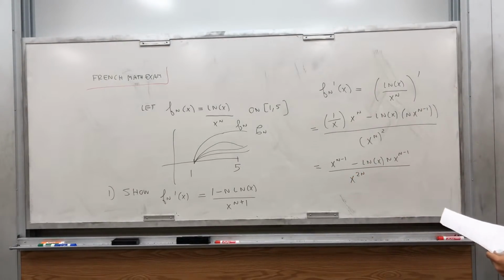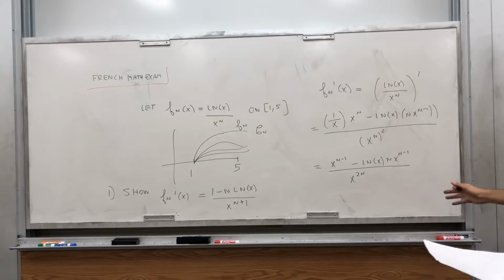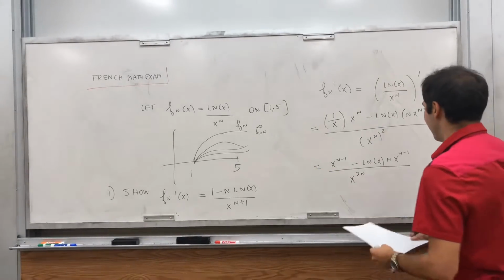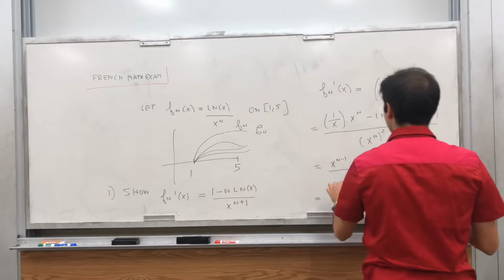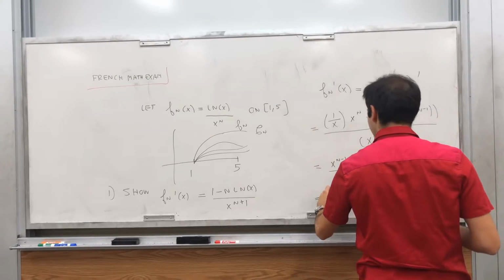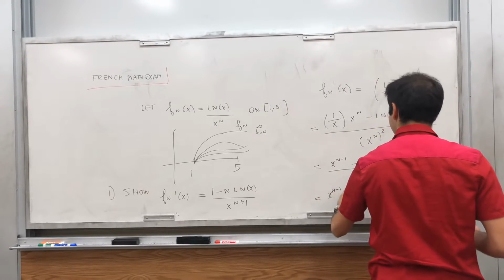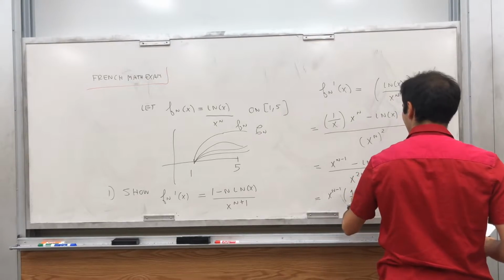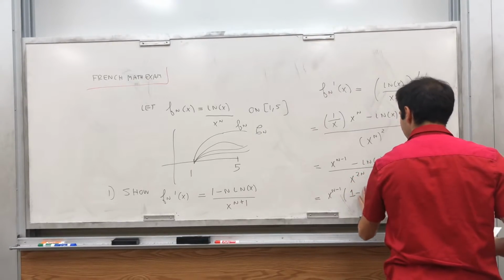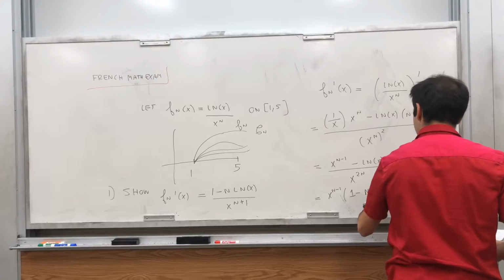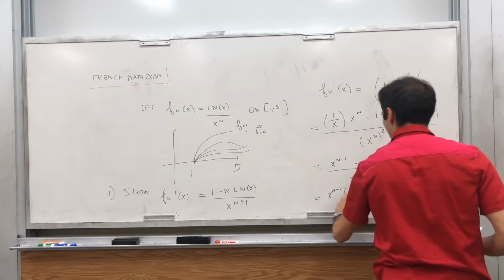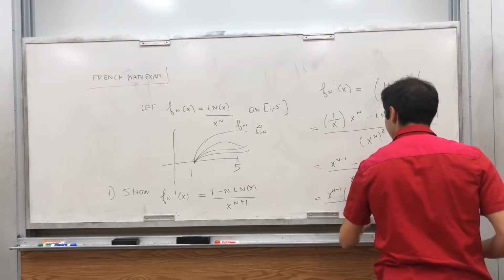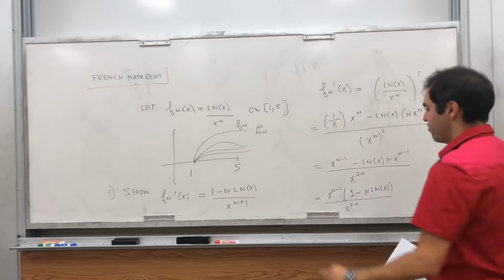The whole point is not just to find a derivative, but also to simplify this, because notice both terms involve x to the n minus 1. So x to the n minus 1 times 1 minus n ln of x, over x to the 2n. How does this simplify?